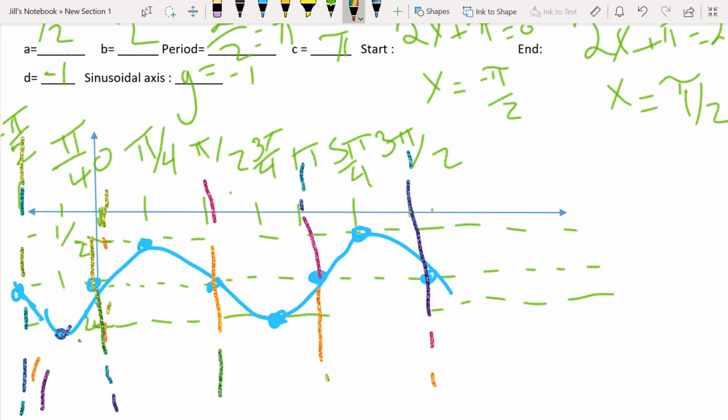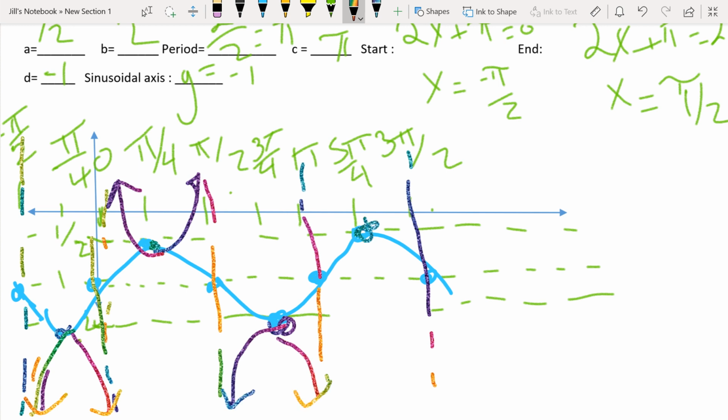I wish you guys could see what I'm doing. It's not working very well. There we go. Share the high point. Flip it over. Share the low point. Flip it over. Share the high point. Flip it over. You can extend it forever.